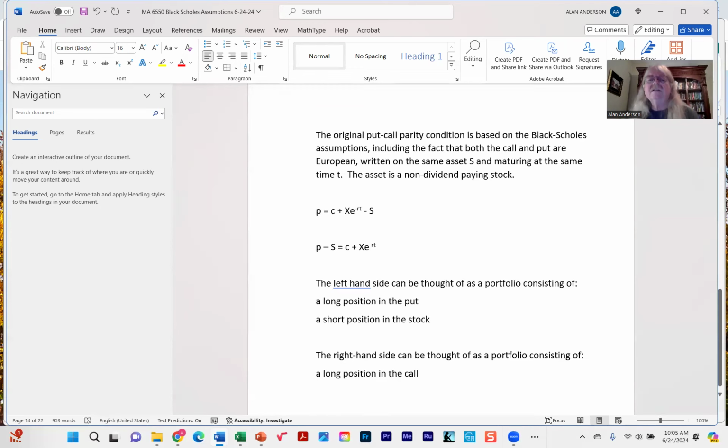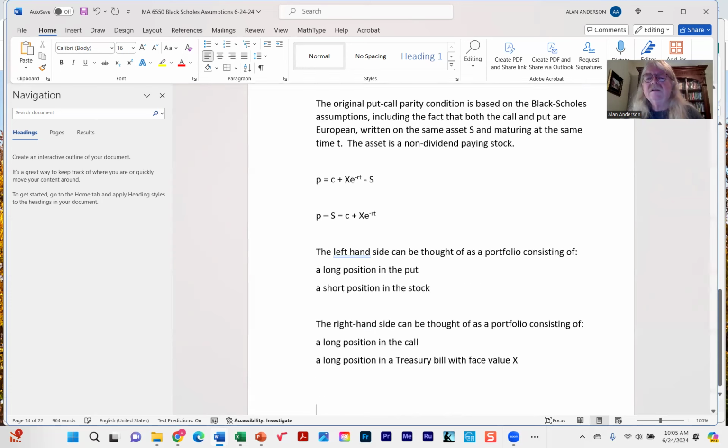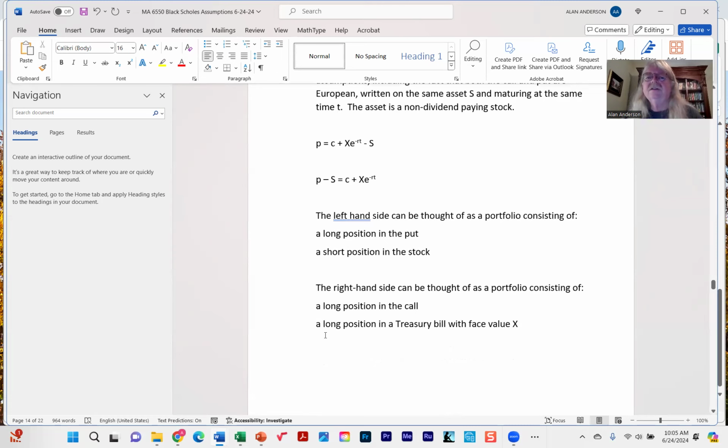Now, what is this X e to the minus RT? So here's what we have to think about. Think of this as a long position in a treasury bill with face value X. Now, here's why this is what we can think of it as.